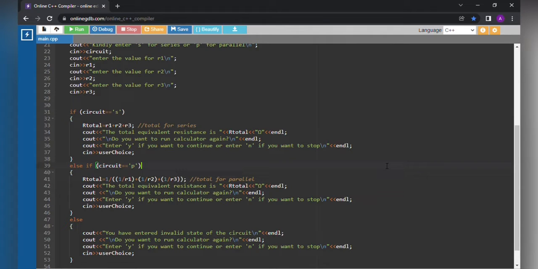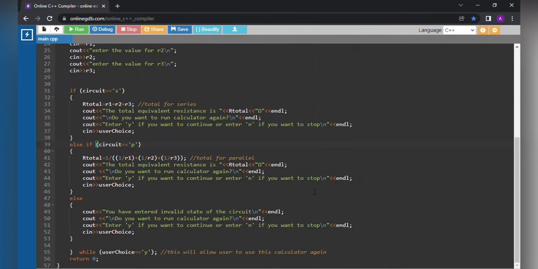So if the user enters L or K, anything other than S or P, it will stop the program. Then, same as the above coding, it will ask the user if they want to continue using this calculator. So that concludes all the codings for this program.